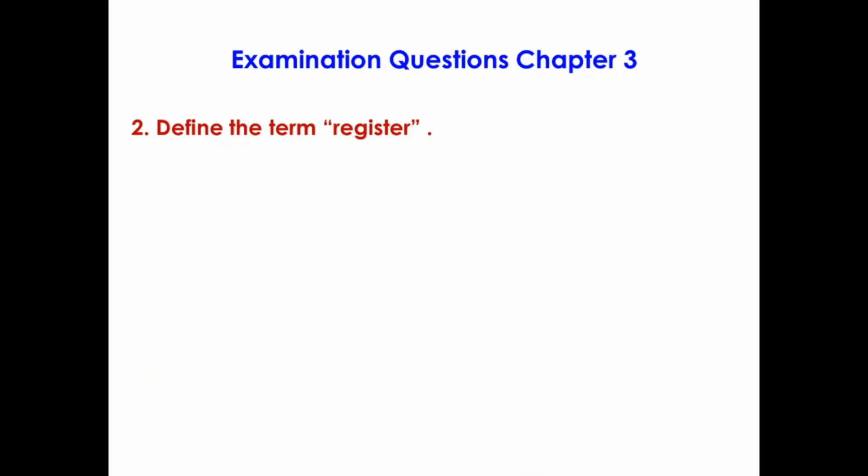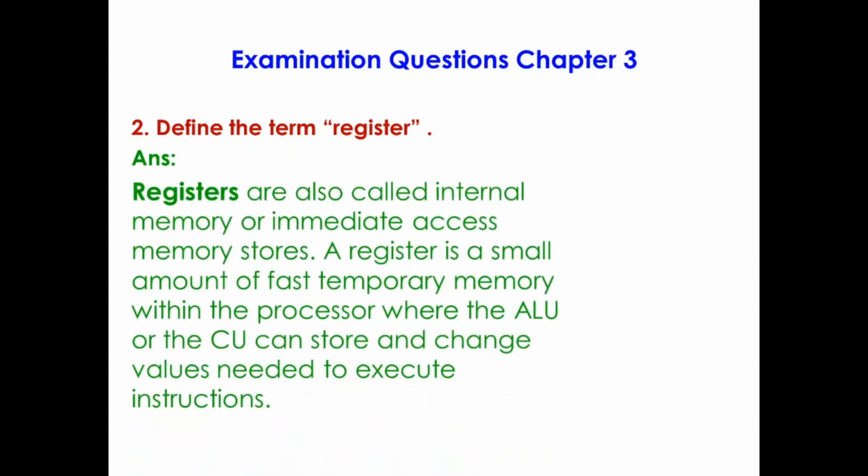What is a register? You may have heard about the different types of registers, so here is the answer. It's also called internal memory or immediate access memory store. A register is a small amount of fast memory within the processor where the ALU or the control unit can store and exchange values needed to execute the instruction.